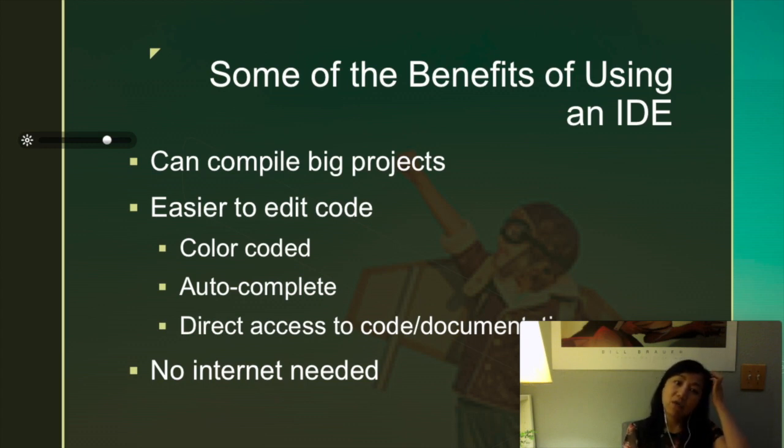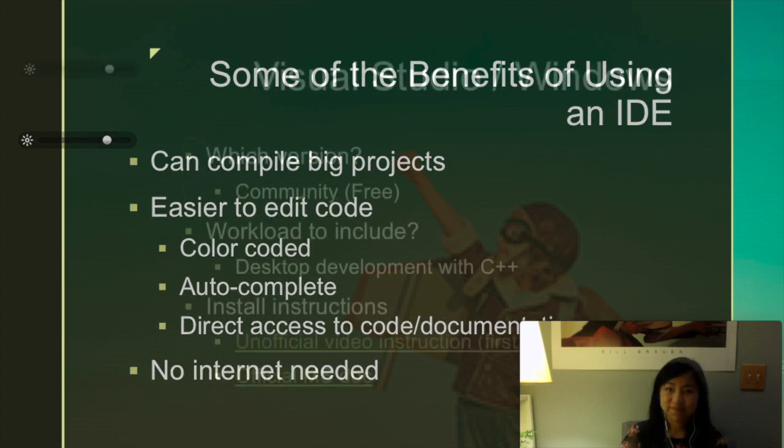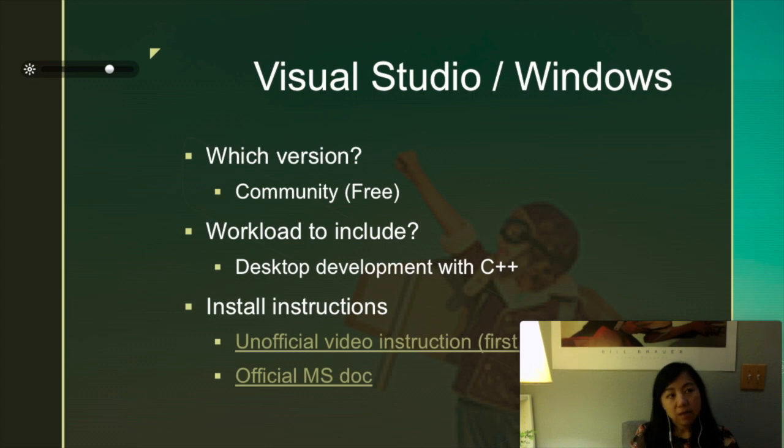Also, access to code and documentation of files that may not even be in your tool is very helpful. And of course, you can be in the zone and program without the need to be on the internet and be distracted.